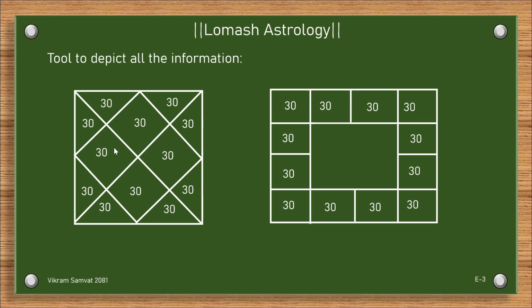Why so? Because ultimately each of these houses is going to represent one zodiac sign. But there is a difference between North Indian representation and South Indian representation. We will understand that difference because that is very important.